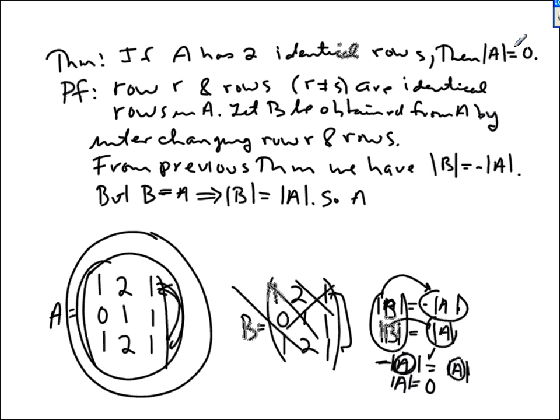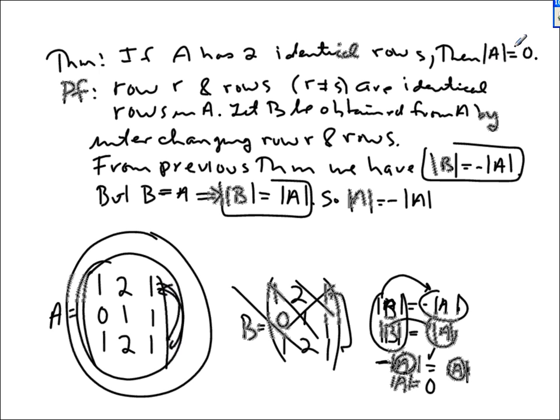But this statement and this statement imply this statement. The determinant of B equals this, and the determinant of B equals that. So this must equal that, since anything that equals the determinant of B is equal to one another.